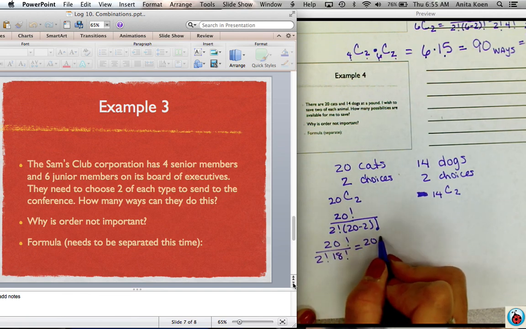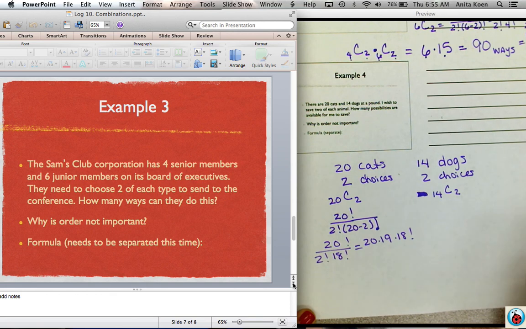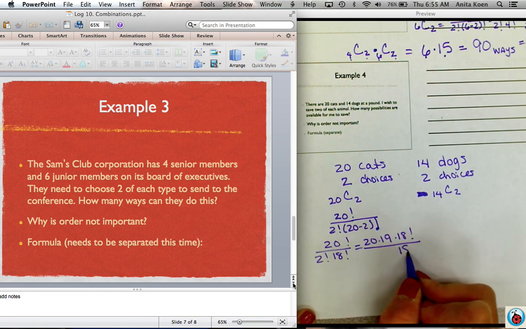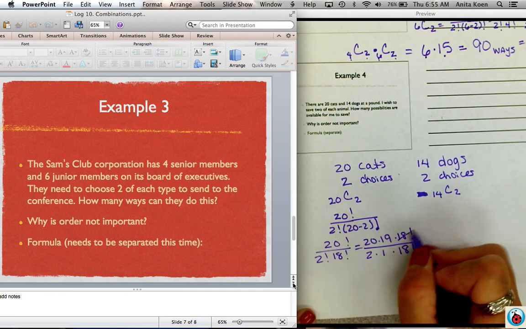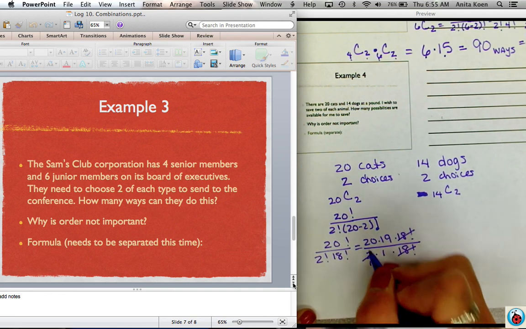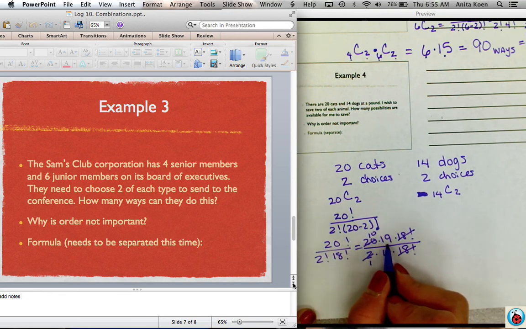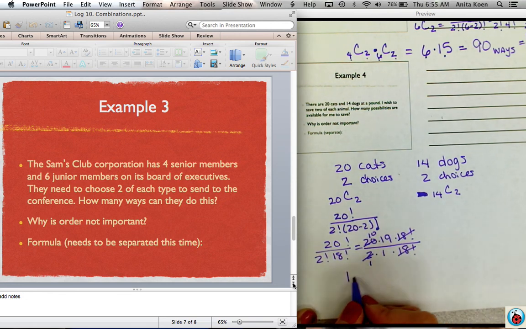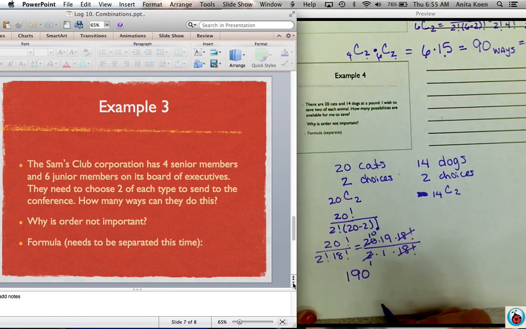So 20 times 19 times 18. Now this time I'm definitely going to stop because I don't want to list all of those. So I know that the 18 factorial is going to cancel there, and then I just have 2 times 1. And 2 goes into 2 once and into 20 10 times. So now I have 10 times 19, which there are 190 ways for me to choose cats.